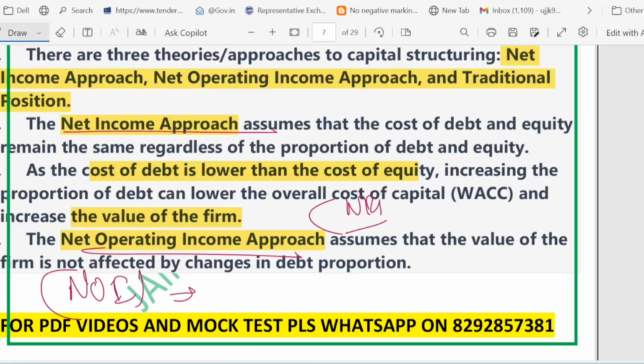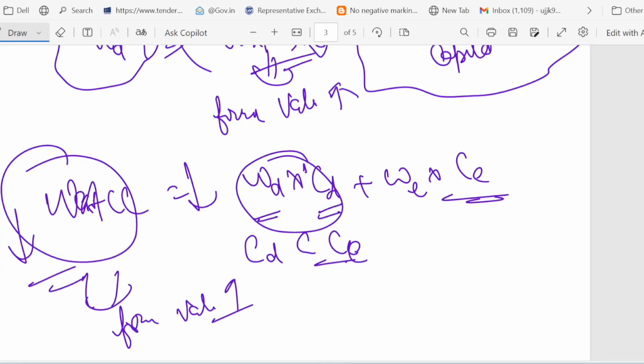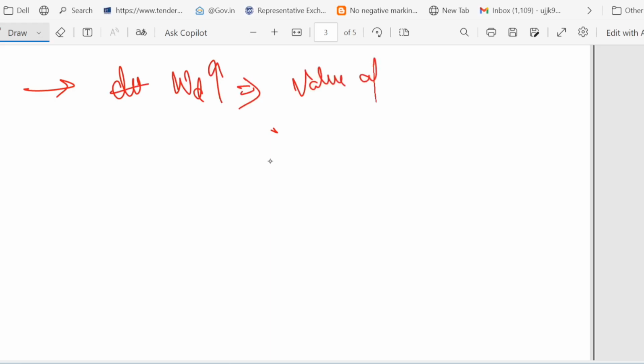The question is why? What NOI tells you, let me summarize here. Even if you increase the debt, that means WD you are increasing, this will not cause any change in the value of the firm. Value of the firm will remain the same. Why? Because while debt gives you benefit like cheaper cost, it can also increase the risk for equity shareholders.